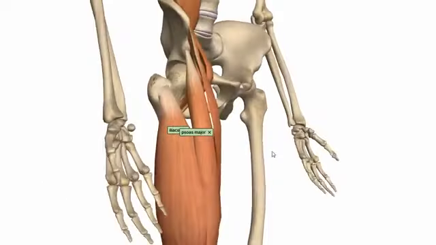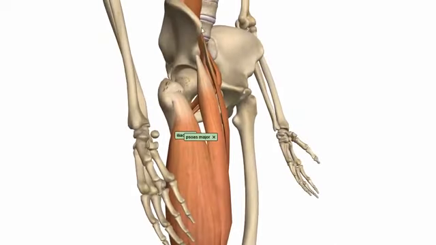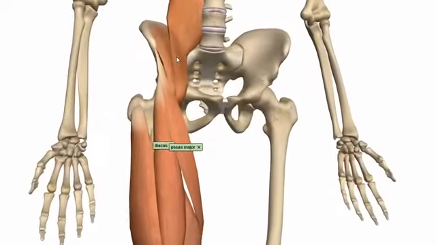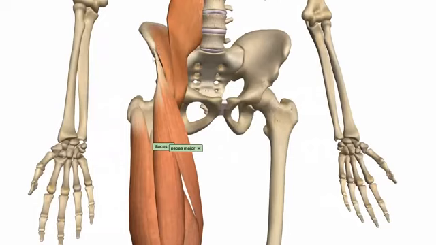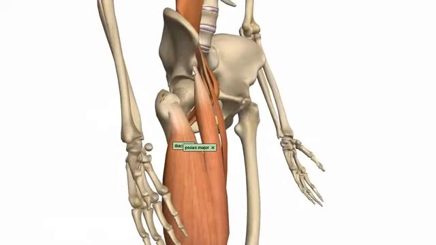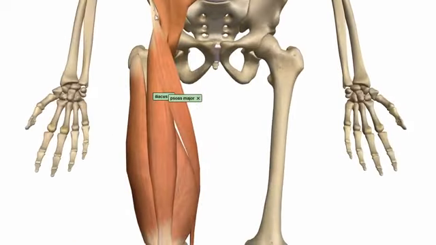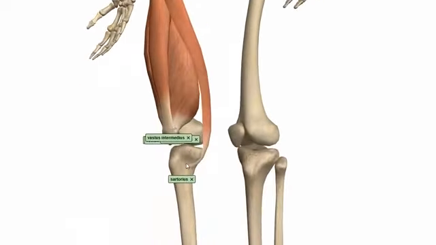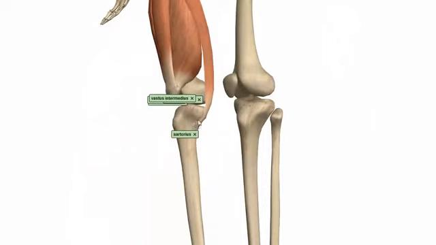You can see the anterior superior iliac spine here where the sartorius muscle originates, and just below you've got the anterior inferior iliac spine where the rectus femoris muscle originates. The sartorius winds round obliquely, descending along the thigh to insert on the medial surface of the proximal tibia.